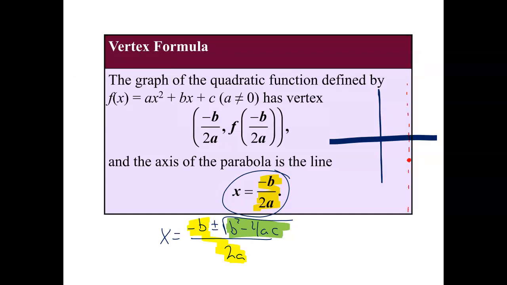So I find my vertex. The discriminant will tell me how far to the right, plus, how far to the left, minus, my x-intercepts are. So if I had plus or minus 5 from my axis of symmetry, 5 units to the right, 5 units to the left, that gives me the x-intercepts of my quadratic. So there's a lot of information packed into this one formula.